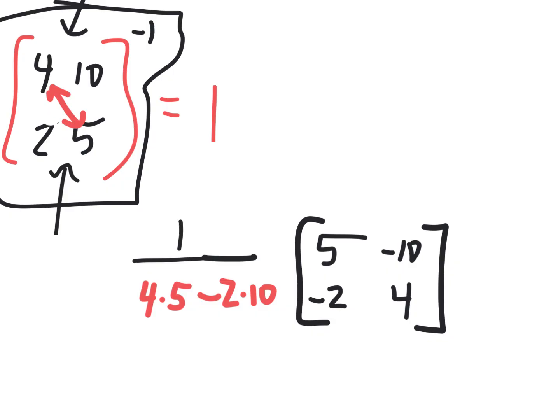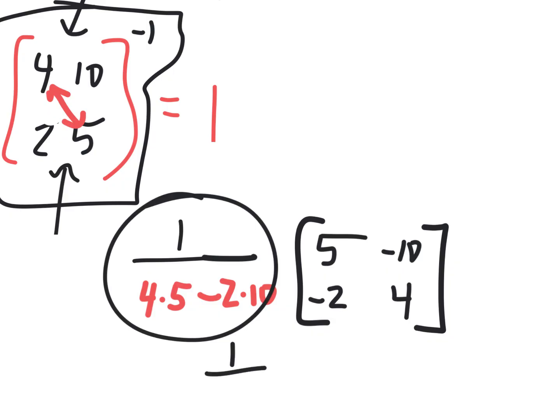This can be simplified a little bit. So 1 over 20 minus 10 is 1 over 10, isn't it? No, it's 20 minus 20, so 1 over 0. There you go. So it's undefined.